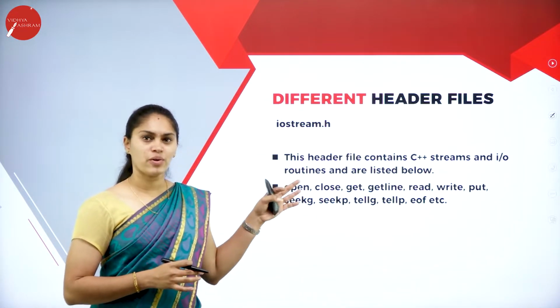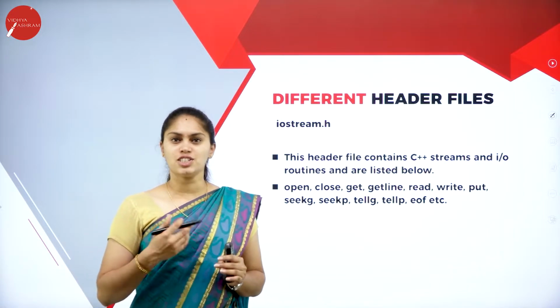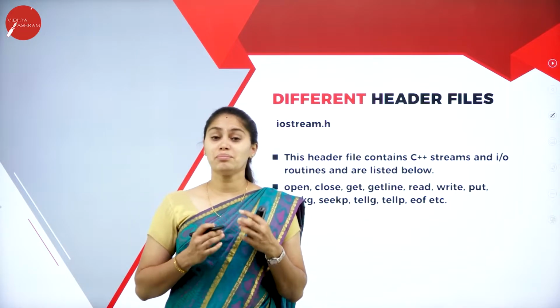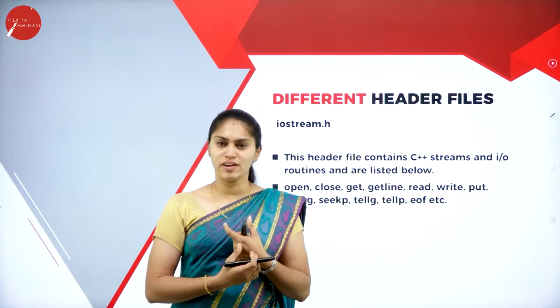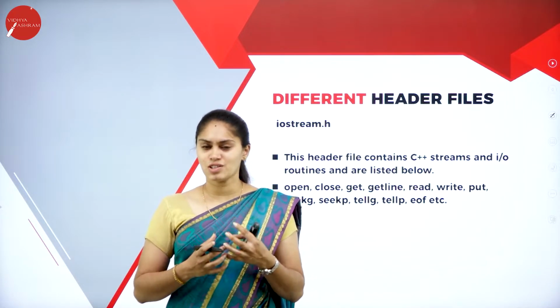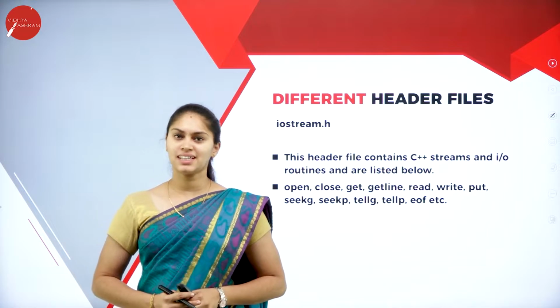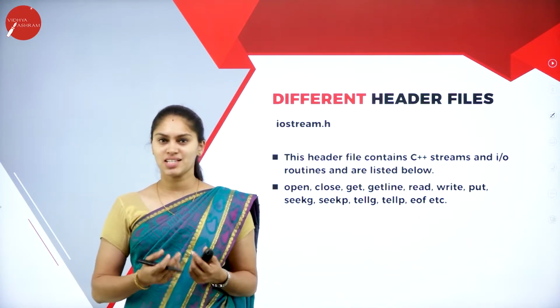Here we are going to learn about some more header files, and each header file will perform some particular operation. If I am including an XYZ header file, then it will comprise a number of library functions. So when we use that header file, there will be the privilege of using those functions in our program.